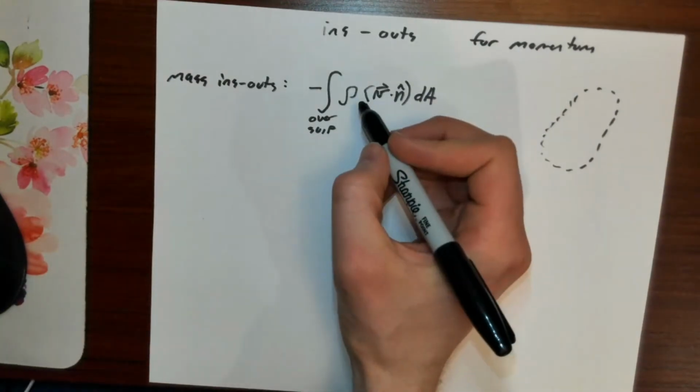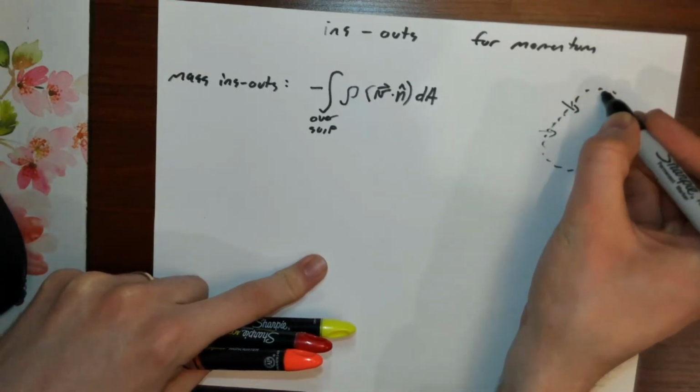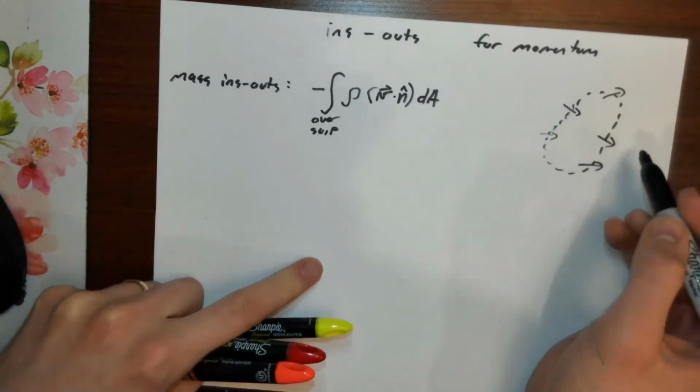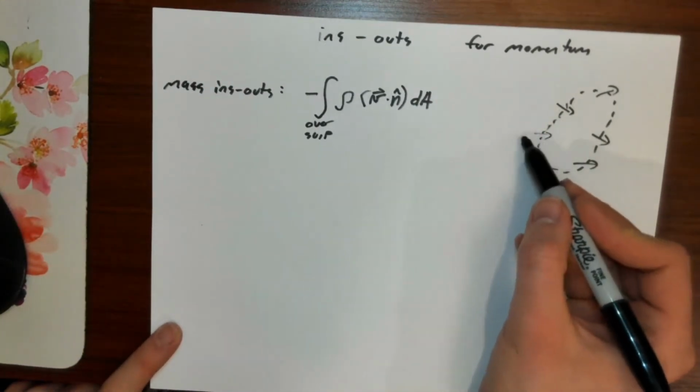where basically I imagined velocities of fluids going in the surface, and the v dot n basically said, hey, how fast is fluid entering that surface?